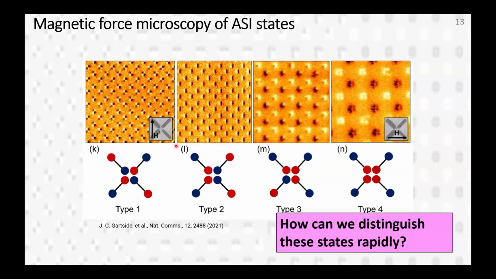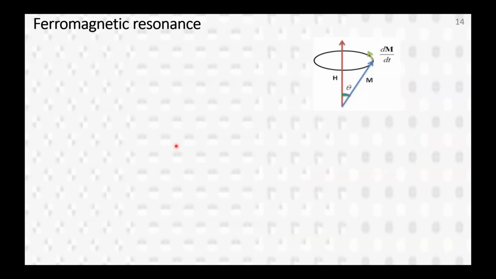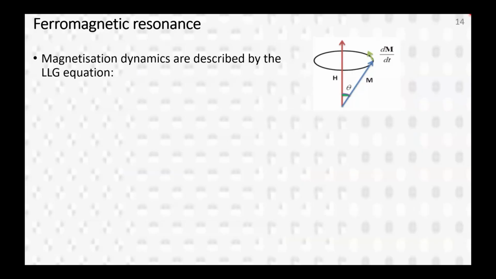But as many of you will know, magnetic force microscopy is a very slow technique. So how do we distinguish these states more rapidly, in a way that we can apply in some kind of device? Typically we use ferromagnetic resonance. I'll quickly describe this for those who are unfamiliar, but essentially the magnetization dynamics of magnets are described by the Landau-Lifshitz-Gilbert equation.